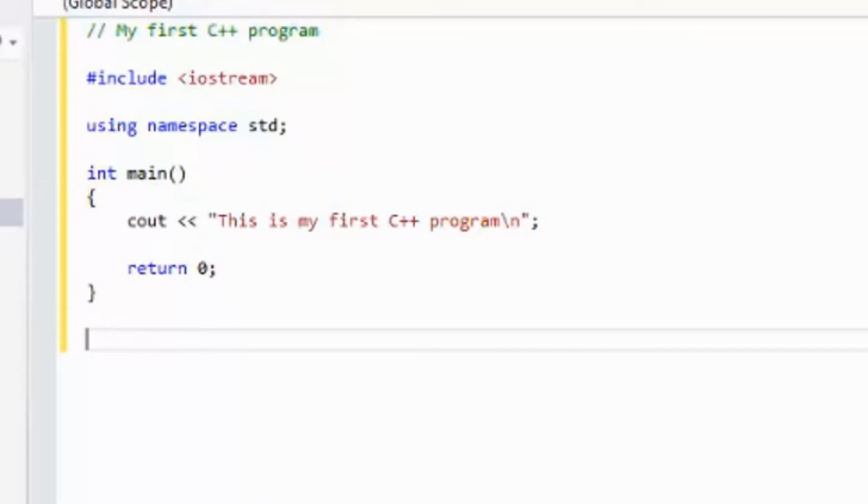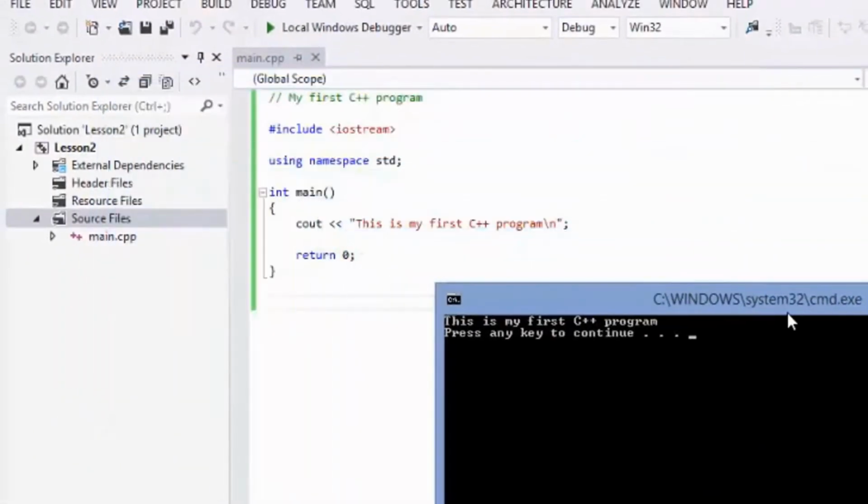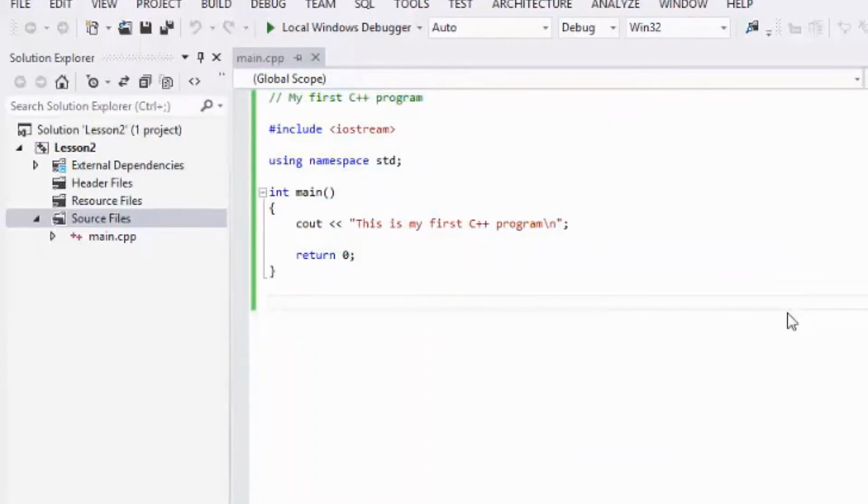Okay, if you didn't get any of that, don't worry, we're going to go through it line by line. Let's just see if this runs first. Okay, so now it's outputting, this is my first C++ program, out in the window. That's what we've just done.